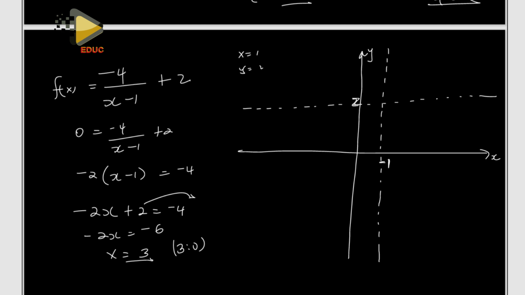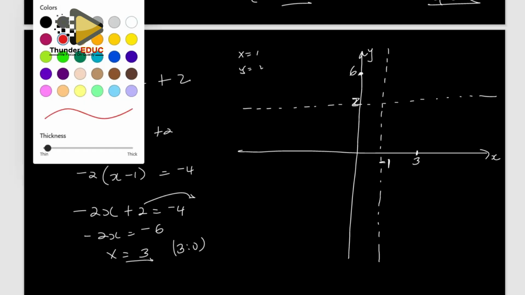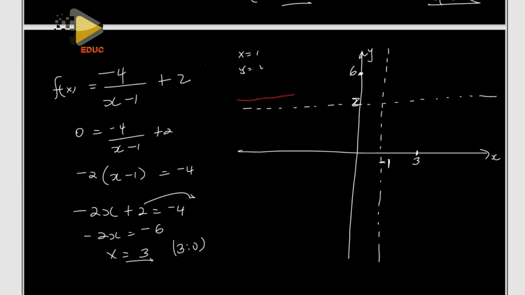Okay, so having done that, the intercepts: we said the graph must pass through 3. So if this is our point 3, for the y-intercept, if x is 0 here, that's going to be 4 plus 2, which is 6. So somewhere there. So just sketch and join.